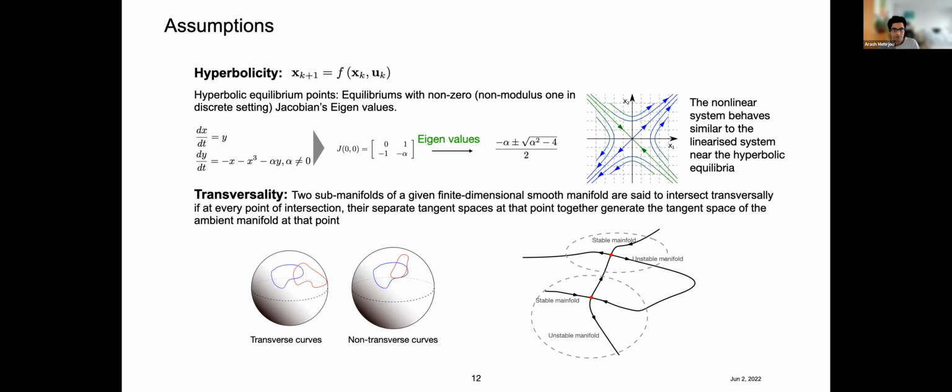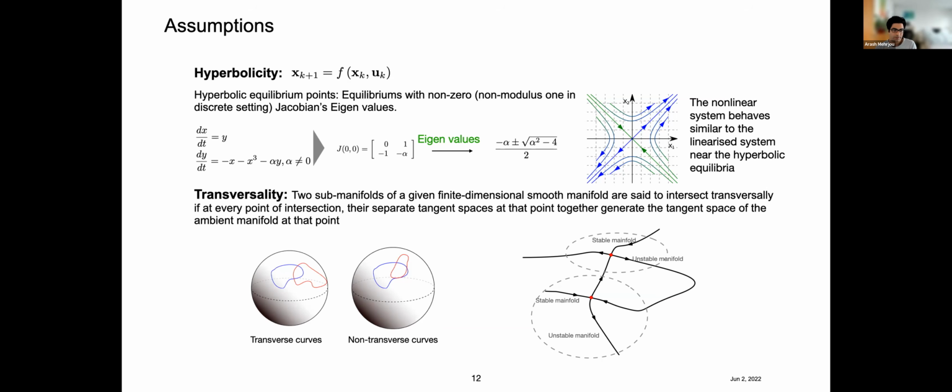So this is one condition that has to be satisfied. It's called hyperbolicity. There's another condition called transversality, which basically means that the stable and unstable manifolds of the system have to intersect in a regular way, and in a non-special way. By non-special, I mean, for example, they must not be tangent to each other.